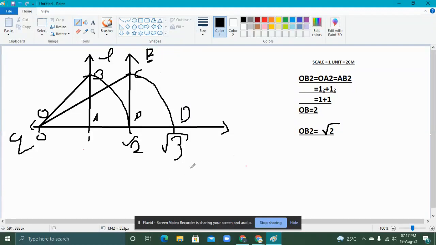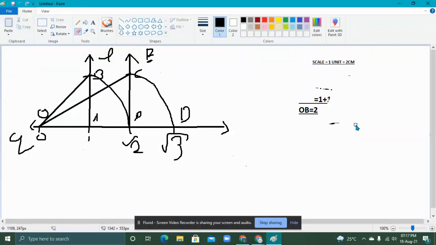So when you are doing the analysis, you have to do it like this only. I will show you. OB square. Let's rub this all.